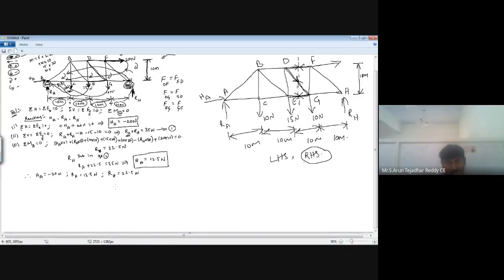Mention here, consider RHS part, and this is the RHS part. Draw the RHS diagram.